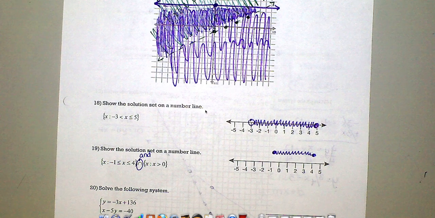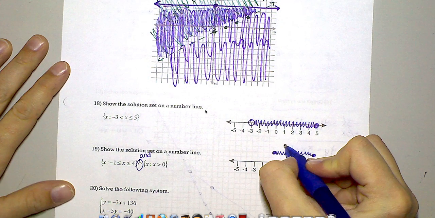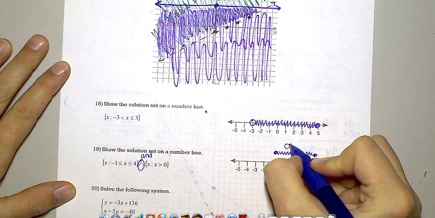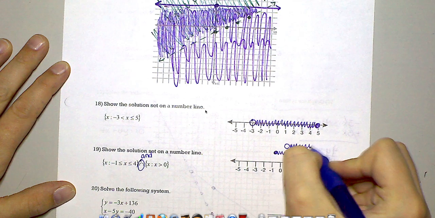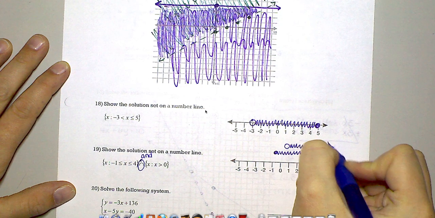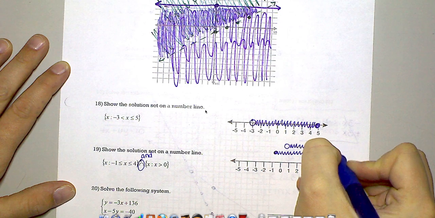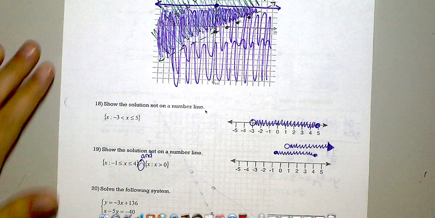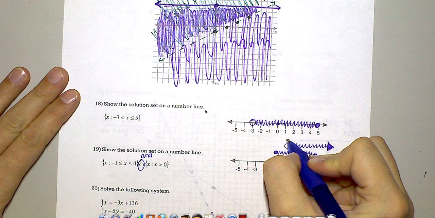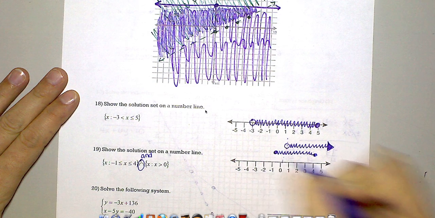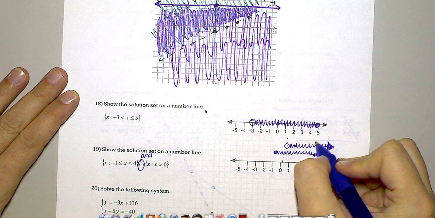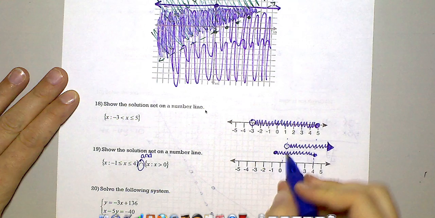Okay. Now my second bracket says I just want to shade everything greater than 0. So that would be an open circle on 0 and shade everything all the way to the right with an arrow, because it keeps going if I want everything greater than 0. So the overlap falls between 0 and 4, and I'm just going to steal the endpoints off of these.